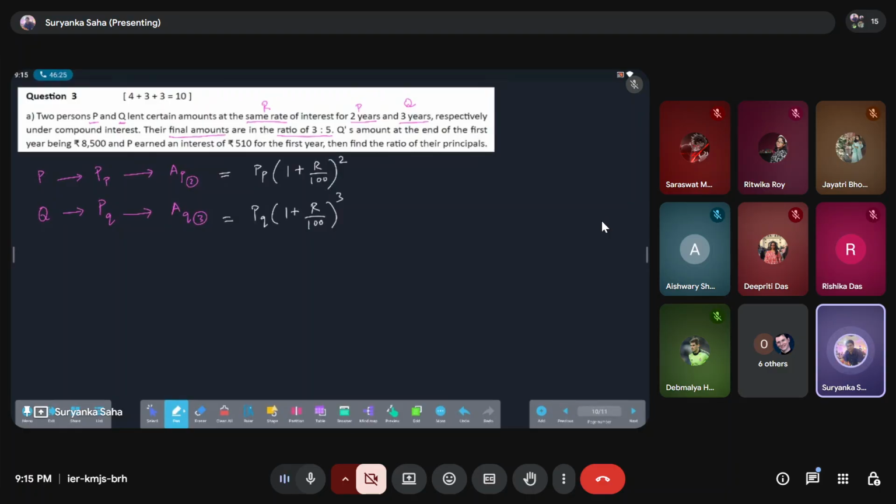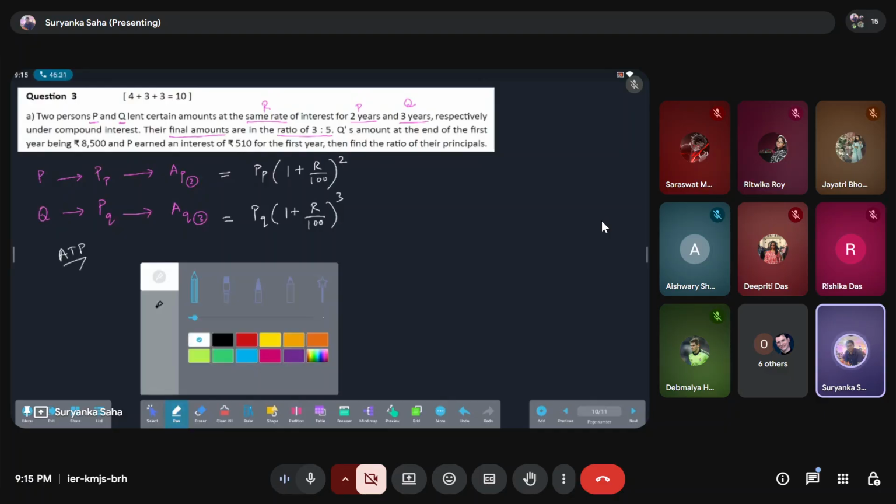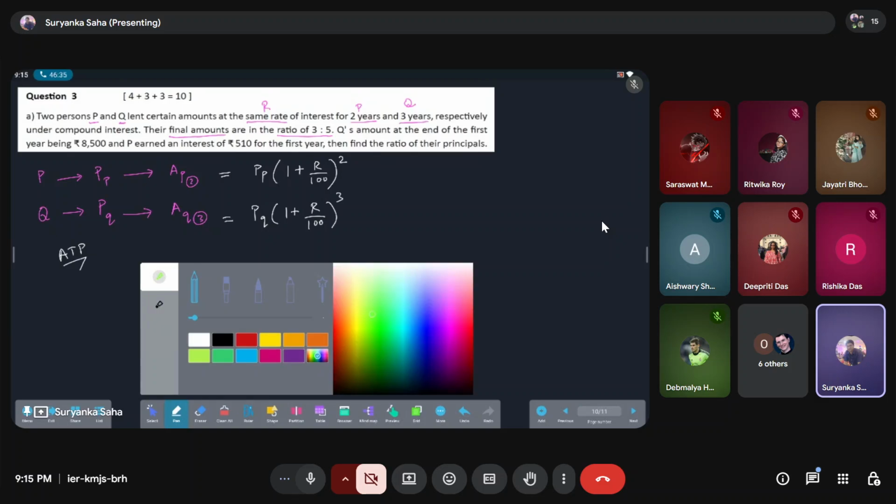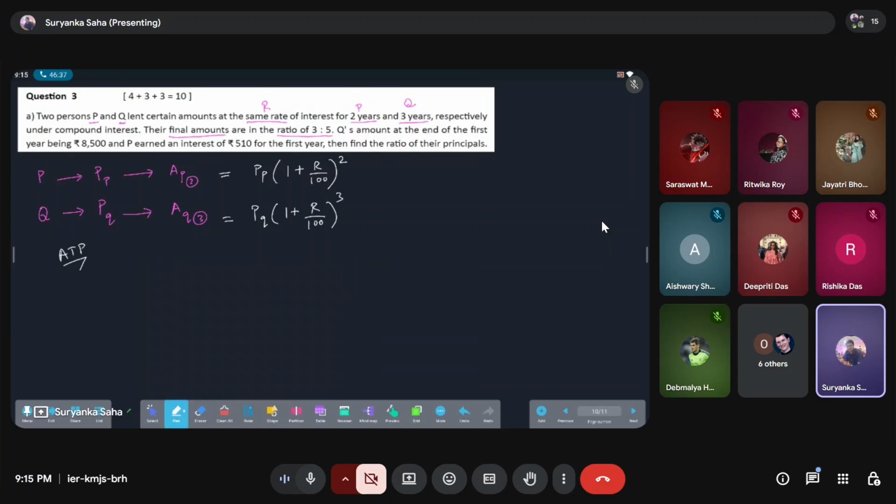Now their ratio is 3:5. According to the problem, AP2 by AQ3 is 3/5.